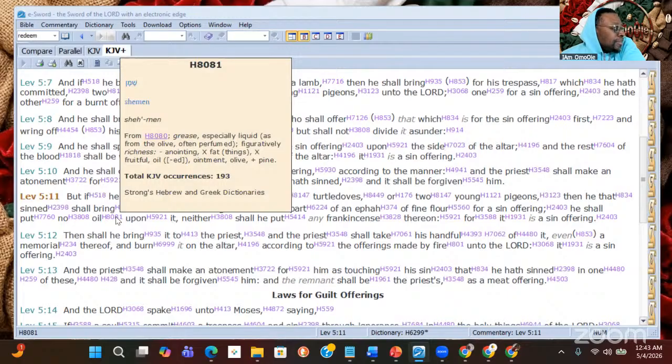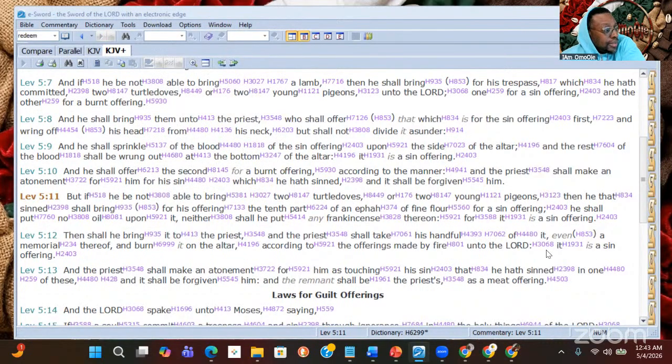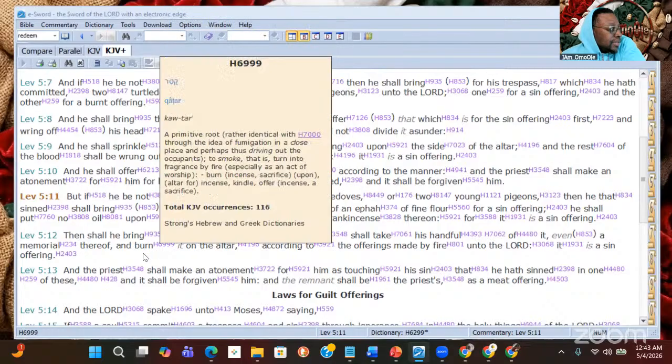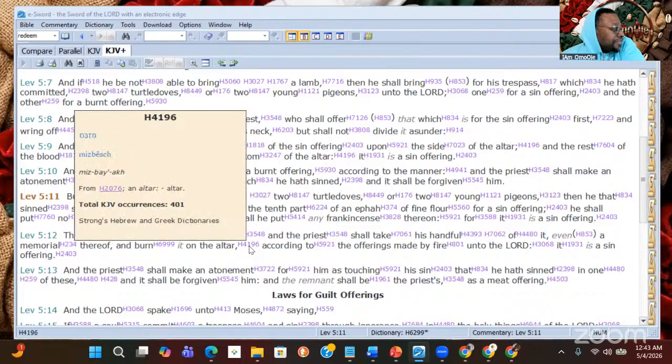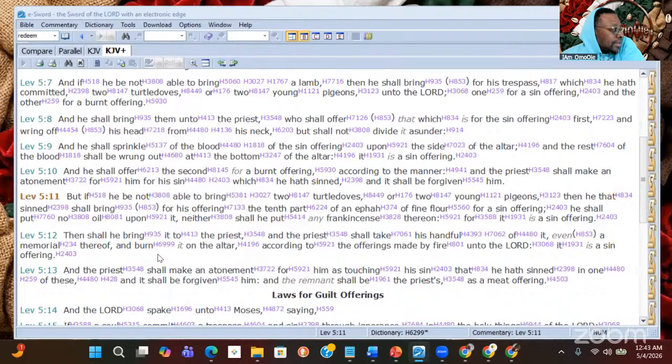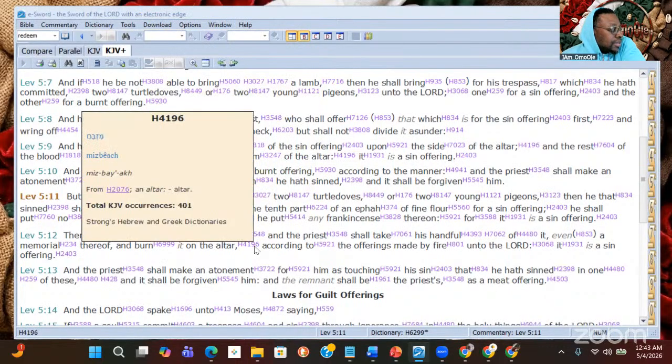Oil is shemen. It could be olive oil or pine, but it's just oil. Altar is mizbayak.